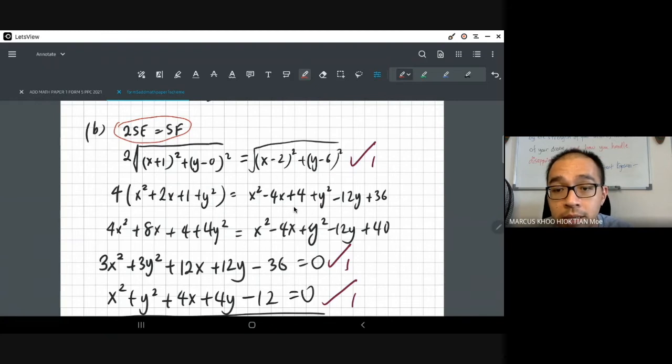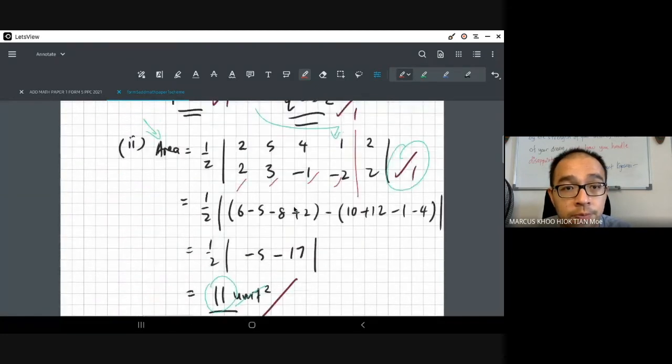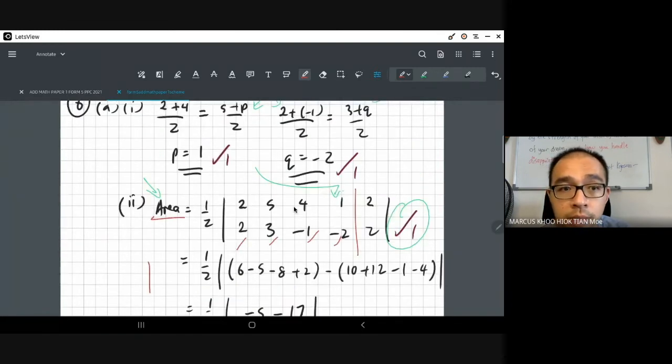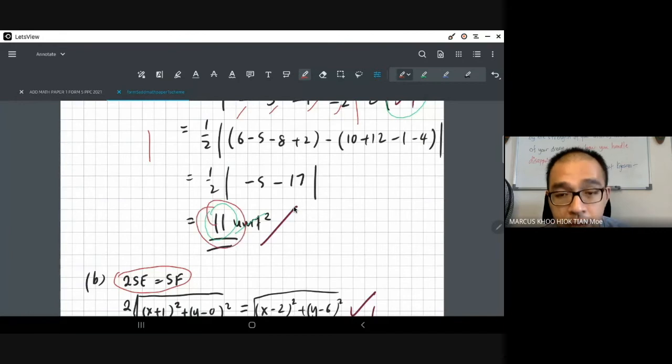What if my area is correct and your P and Q is wrong? Wow, how did you get your area correct and your P and Q is wrong? I would give you full marks for area, but I will give you 0 marks for P and Q. Because you substituted correctly, I assume you substituted correctly, and by some miracle, you also got the same answer.